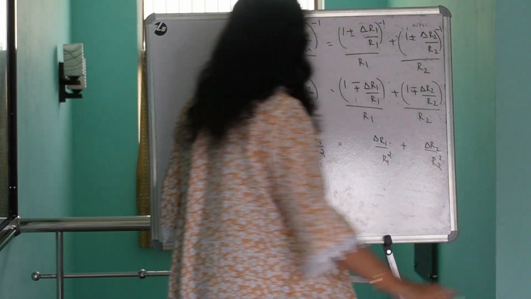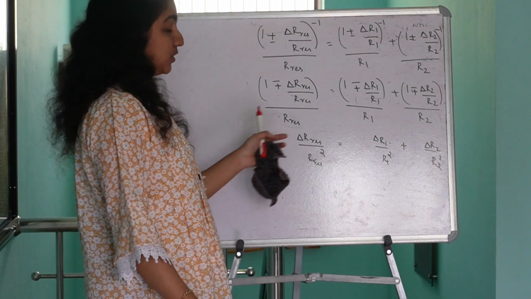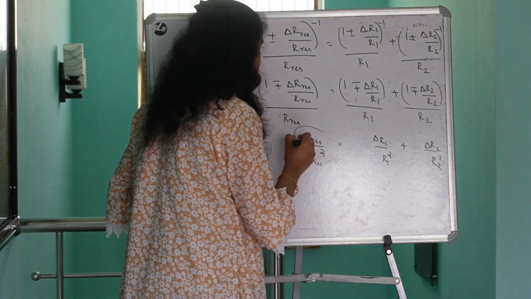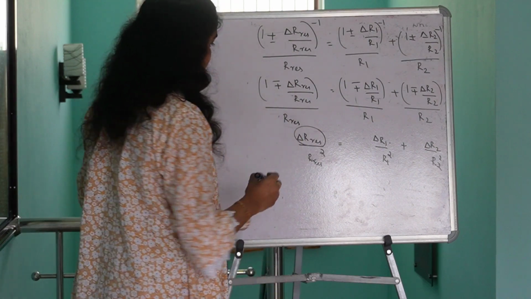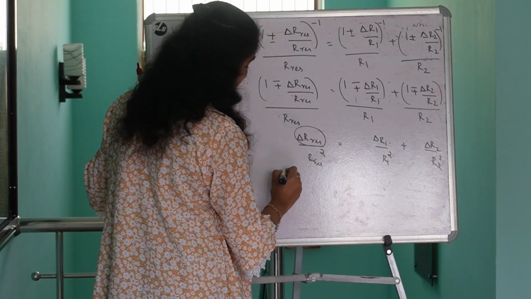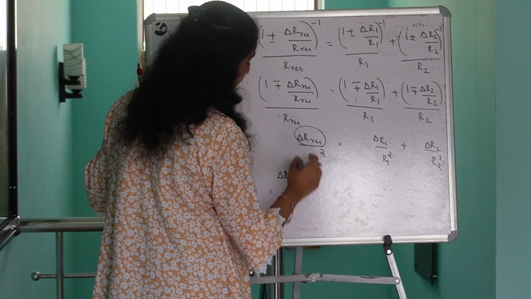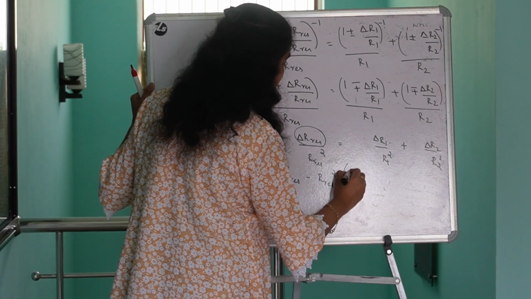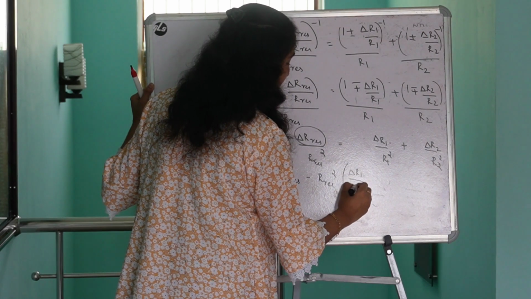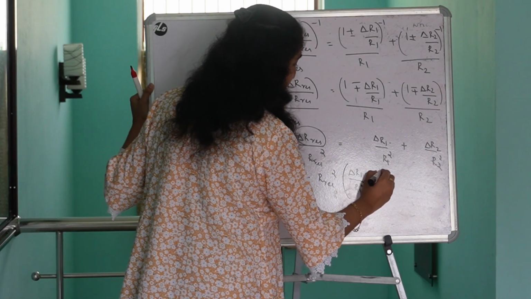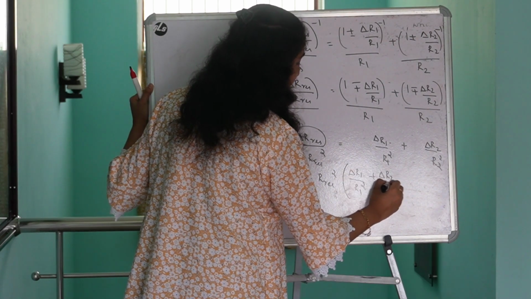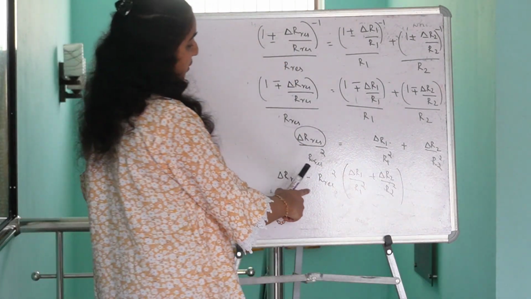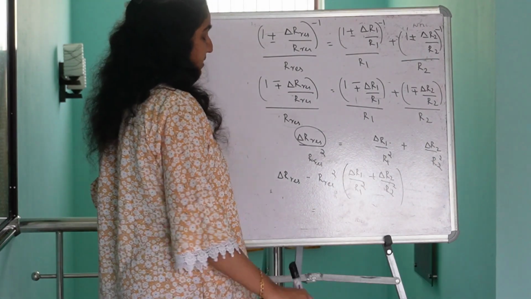Now I am going to substitute the values for finding the absolute error del R resultant. So from this equation, we can find del R is equal to R resultant square into del R1 by R1 square plus del R2 by R2 square. Is it clear, guys, up to this? Now I am going to simply substitute all the values.